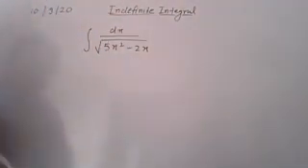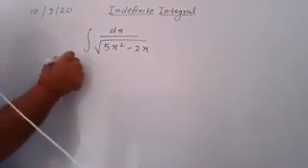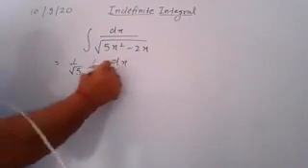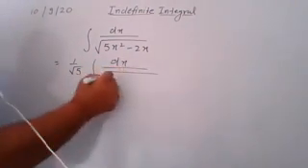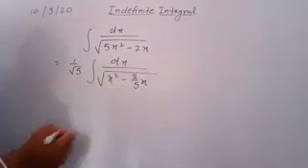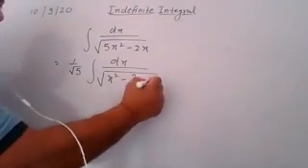So what you do? First of all, you have to make the coefficient of x square as 1. So 1 by root 5 integration dx upon under root. You can write here x square minus 2 upon 5 x. Now, if you take half the coefficient of x, you have 1 by 5.